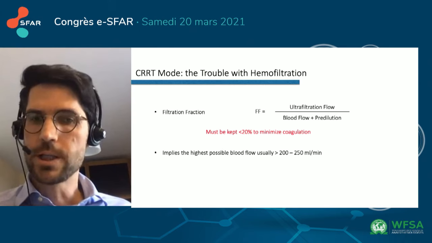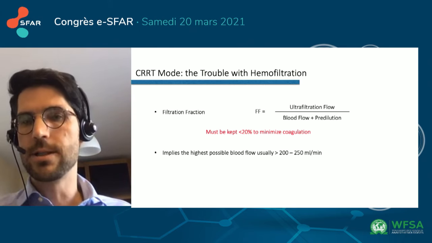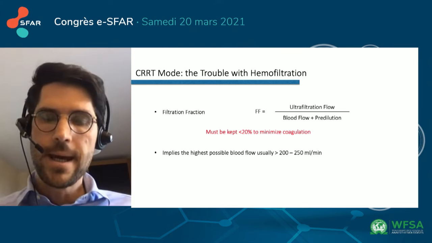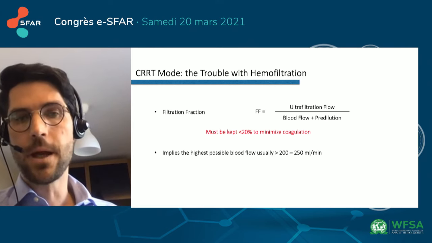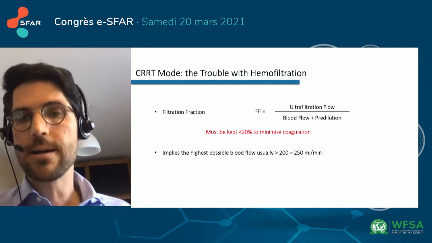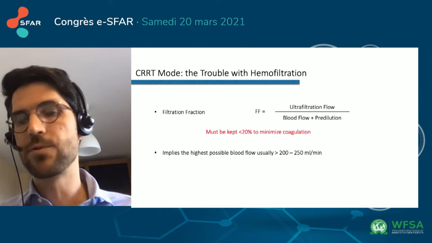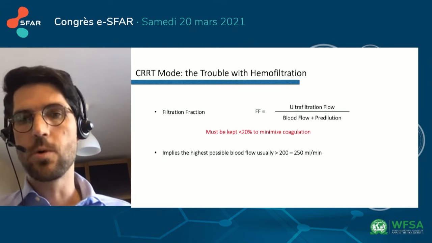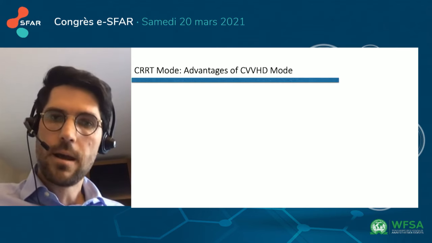So you need to calculate the filtration fraction and monitor it, and keep it under 20% to minimize coagulation. And this implies, as a very short shortcut, the highest possible blood flow. You're going to have to run the blood flow above 250 mL per minute to be comfortable with CVVH. Next slide.